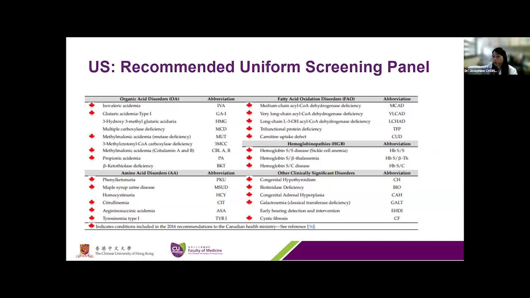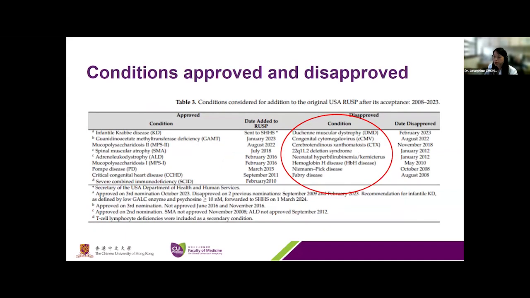In the US there are more than 29, and in the UK there are only 6 to 7 conditions being screened. There are also conditions that may be considered for addition after running a universal screening program.